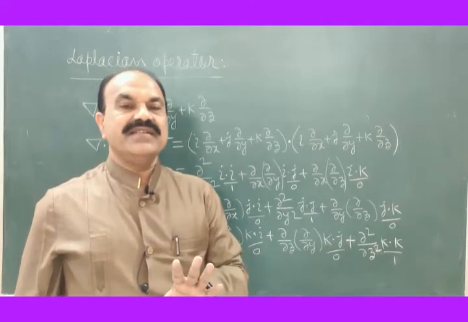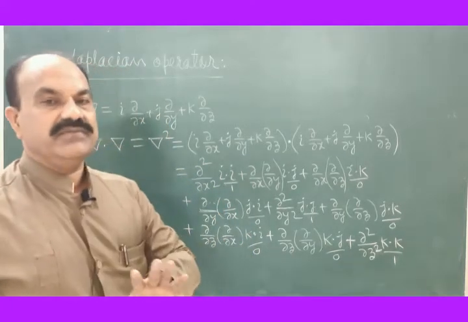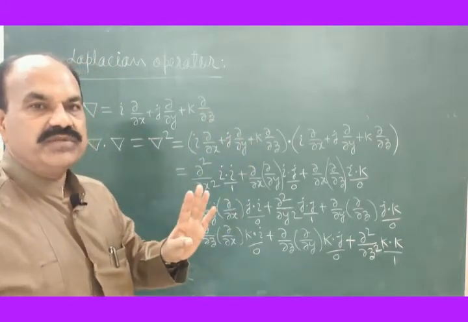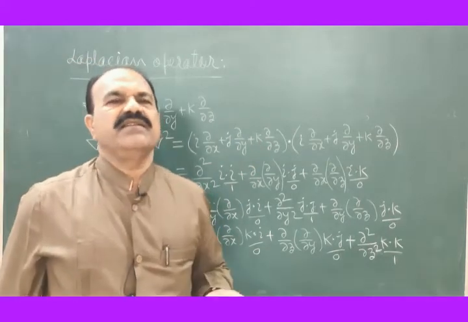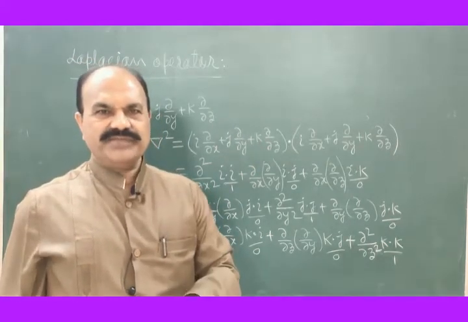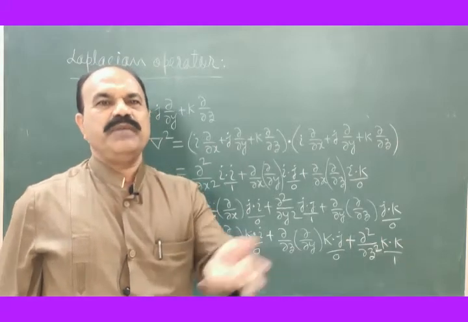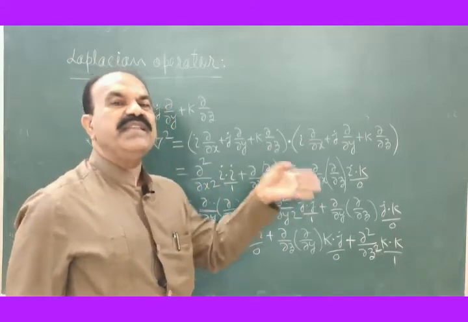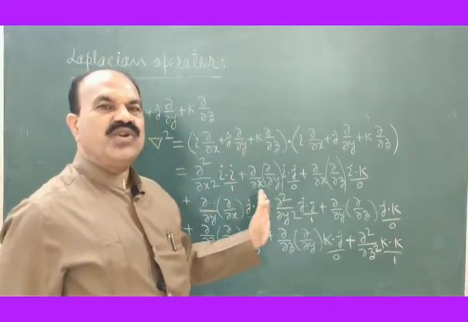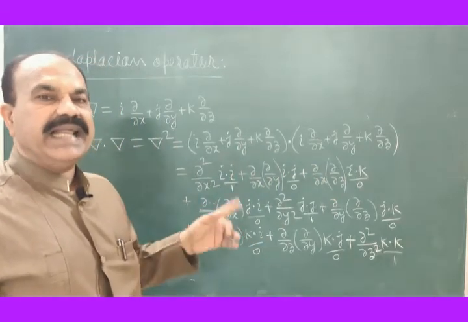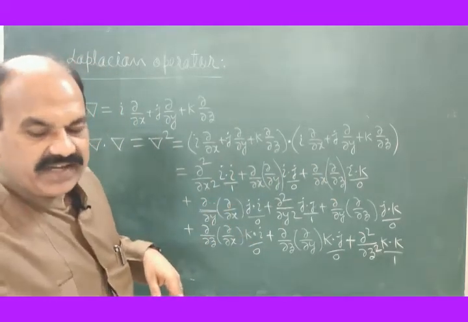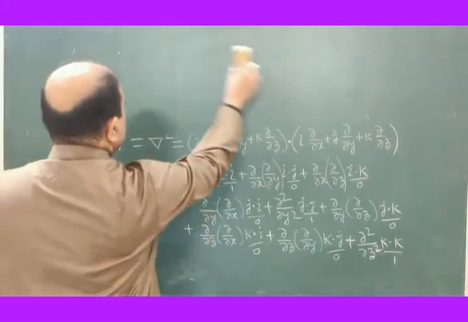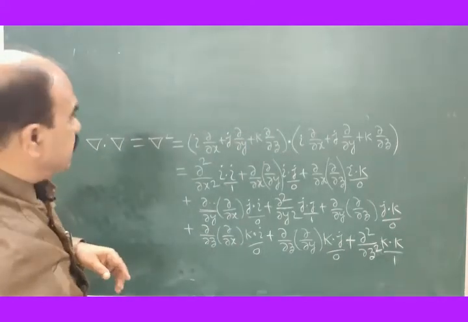Let us collect the terms which survive, and 0 terms will be just ignored, because 0 plus anything is anything. 1 plus 0 is 1, 2 plus 0 is 2, 3 plus 0 is 3. No need to consider 0 when we are doing the summation. So just ignore the 0 terms and collect the remaining ones.